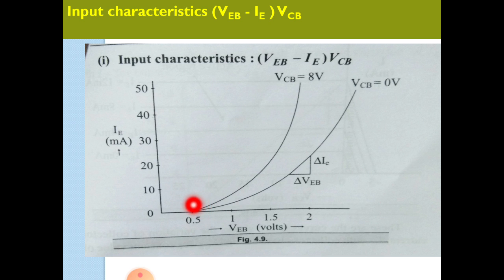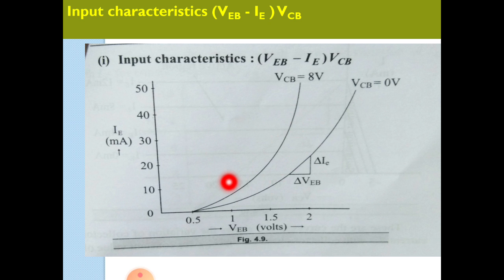For a small quantity of input voltage we get a rapid increase of the current. Hence this is non-linear in nature. This graph is non-linear, hence it doesn't obey Ohm's law.